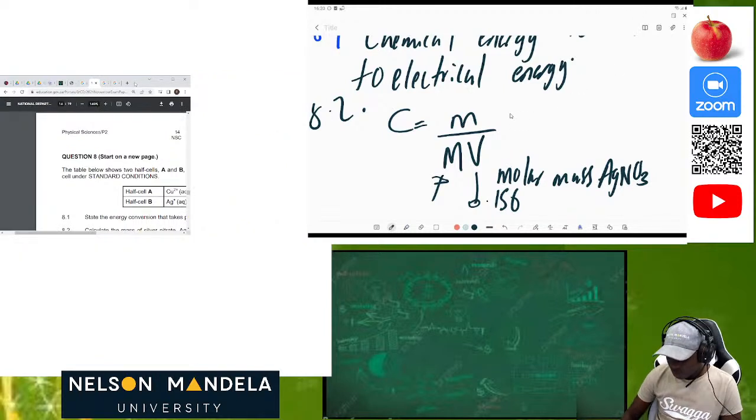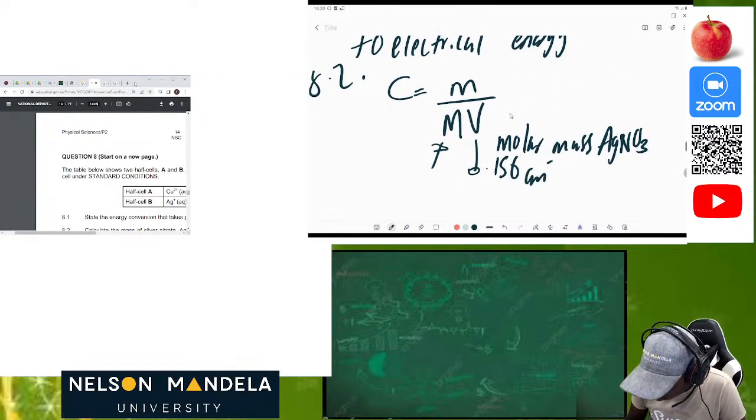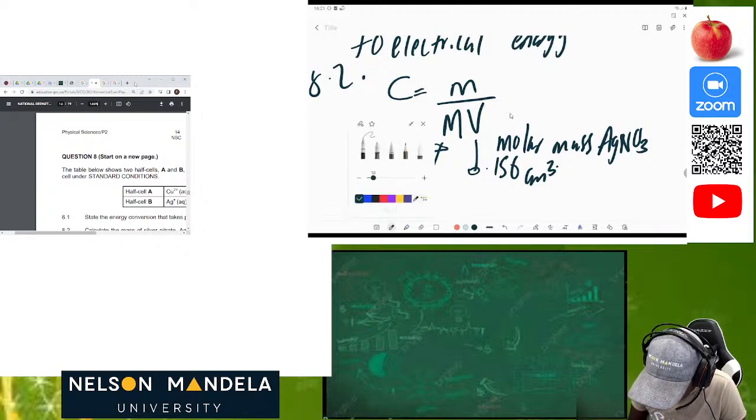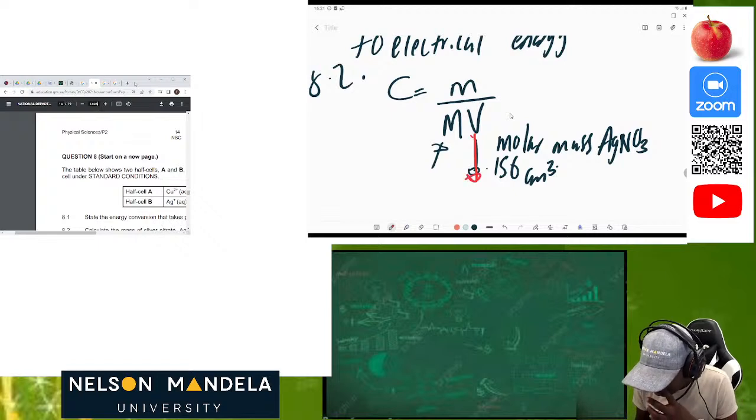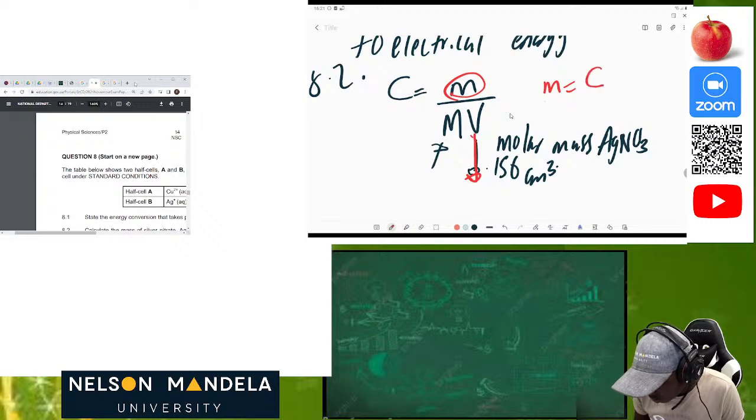So we're given 150 cm³. That's our volume. Let me just use a different pen so that it can have a small effect. Then we want to calculate the mass. We know that the mass will be equal to cMV.